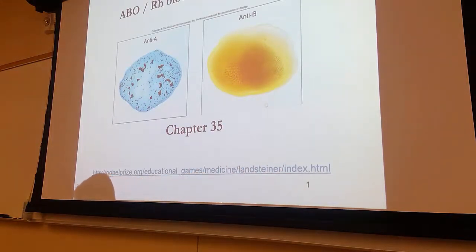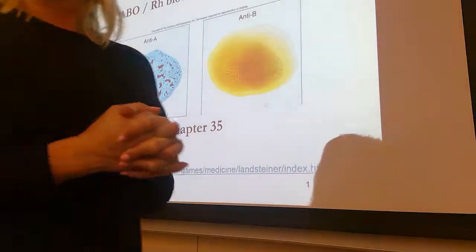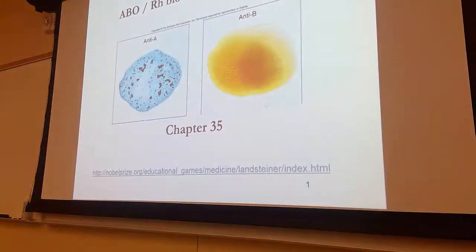But for those of you who have not taken micro, these might be new terms to you, or you might have heard of them, but you don't really know what they are. So we need an antibody and an antigen. I'm going to tell you what an antigen is, and I will also tell you what antibodies are and what cell in your body makes them.